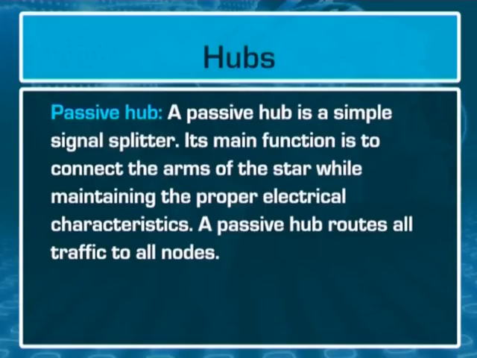The central hubs also can be classified into subtypes such as number 1, passive hub. A passive hub is a simple signal splitter. Its main function is to connect the arms of the star while maintaining the proper electrical characteristics. A passive hub routes all traffic to all nodes.